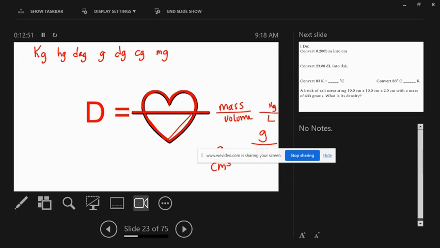And then if you had liters, you would change this to liters, and everywhere you've got a G, you're going to change that to an L. So that would be kL, hL, daL, L, dL, cL, mL.